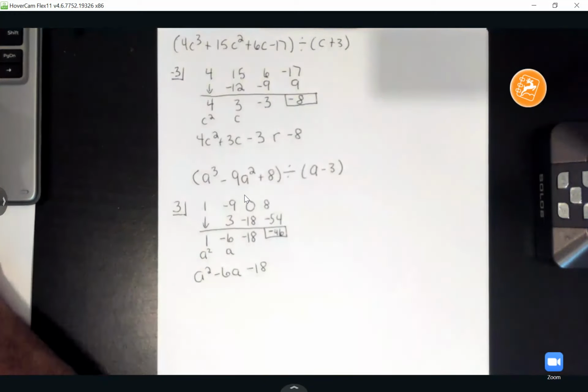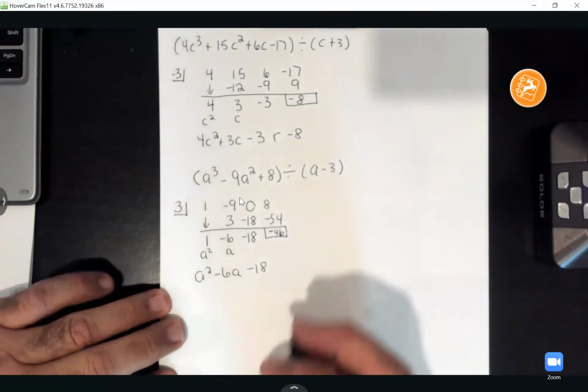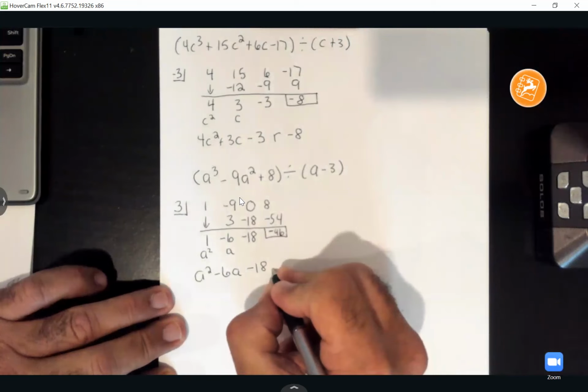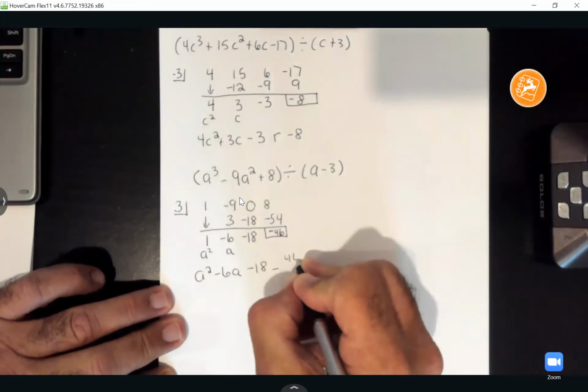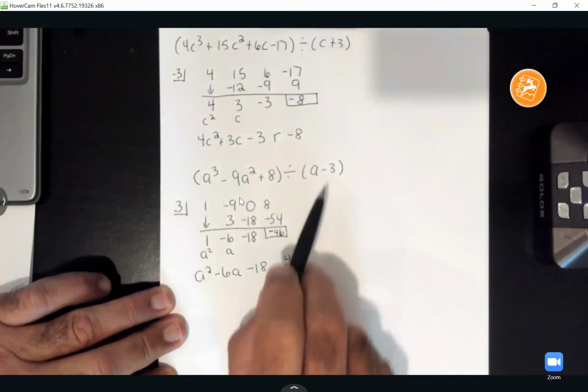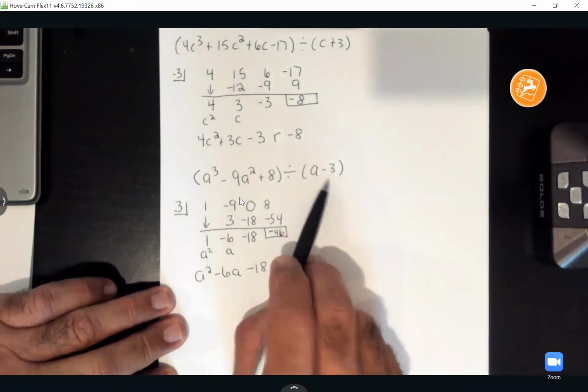And let me go look at the math lab real quick, because this one I think had the remainder written different. So do you see how they're writing the remainder as a fraction? Let me show you how they're getting that. So my remainder is a negative 46. So I would do negative 46 over what you divided by, which will be the a minus 3.